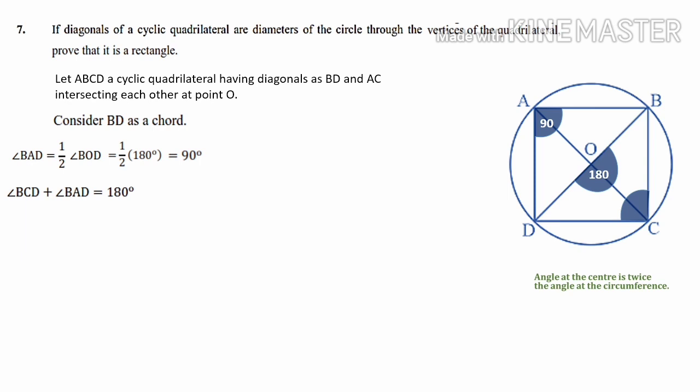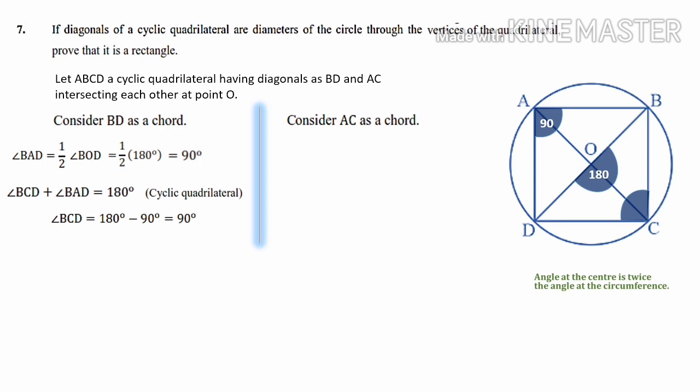Opposite angles of a cyclic quadrilateral are supplementary, means when we add we will get 180 degrees. So angle BCD is equal to 180 minus angle BAD, which we have already calculated as 90 degrees. So 180 minus 90 is equal to 90 degrees. So angle BCD we have got as 90 degrees.